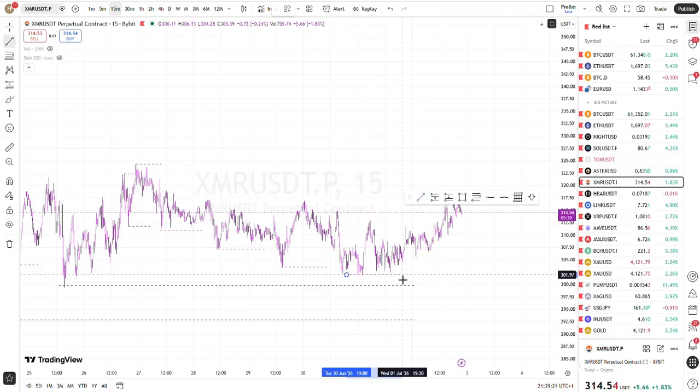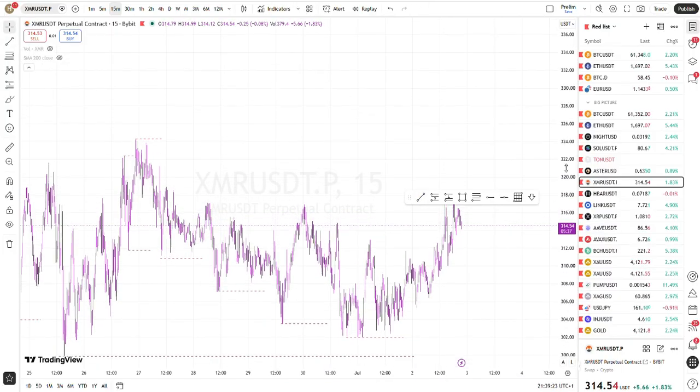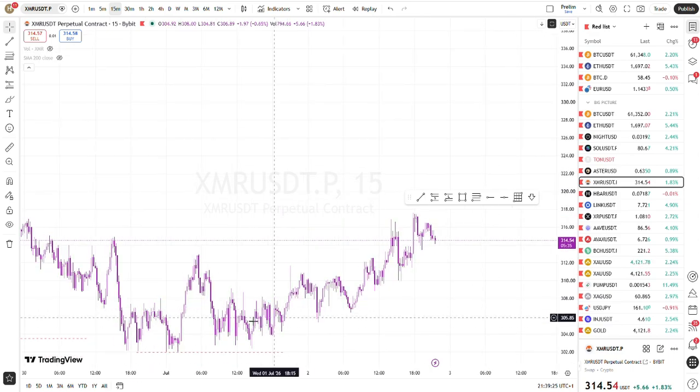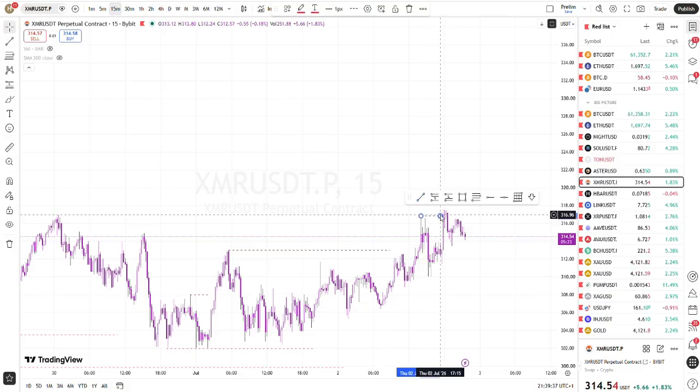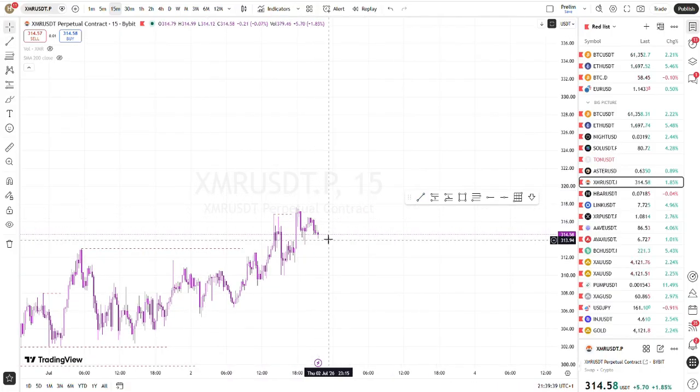Price came all the way down to this point, then started changing again to rally into the upside. Price came here, and all the way here. Good, so this is where we are.